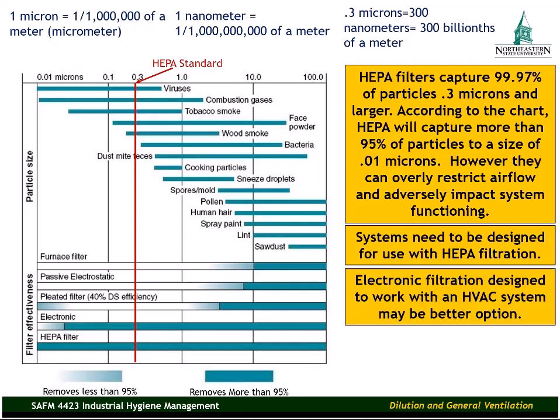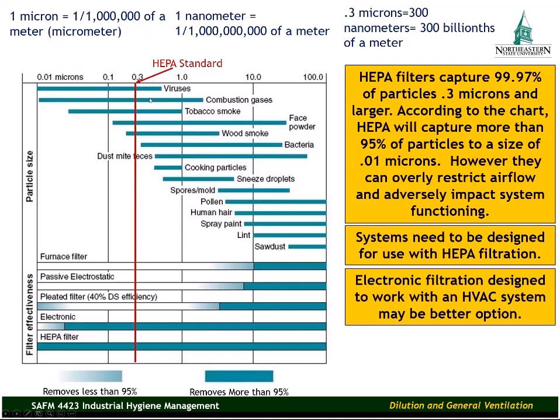Electronic filtration designed to work with an HVAC system may be a better option than a HEPA filter for your common HVAC systems. Now, if it's in a medical, laboratory, hospital type environment, then you want to design in the best filtration possible. And pretty much the best filtering standard is the HEPA standard.